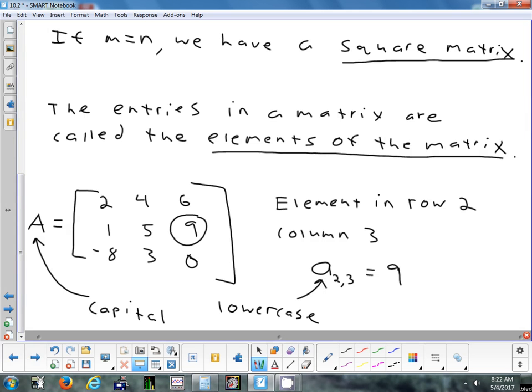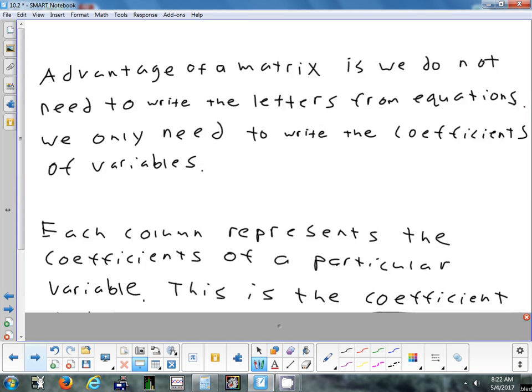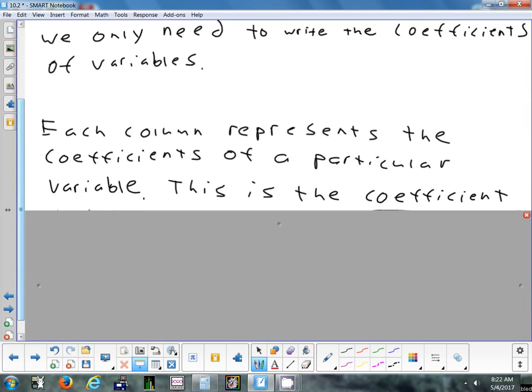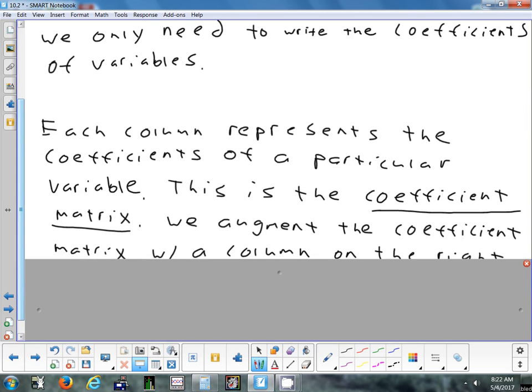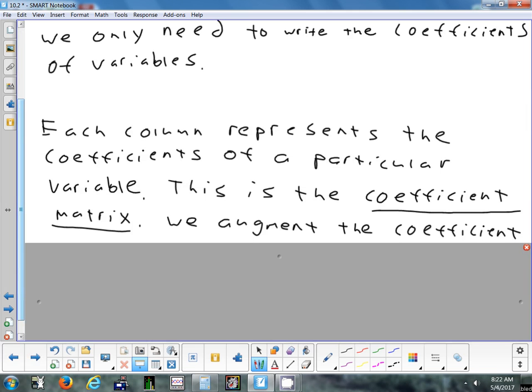That's the last row. That matrix is going to be a square matrix because we're going to have 3 equations and 3 variables. So that's 1 row for each equation, 1 column for each variable. That's called the coefficient matrix.